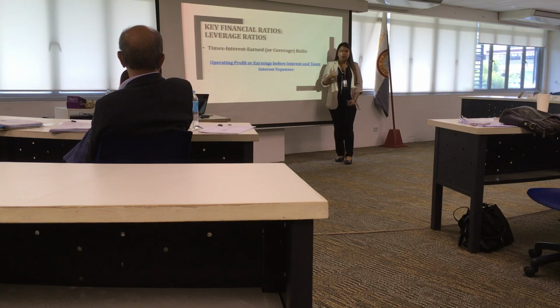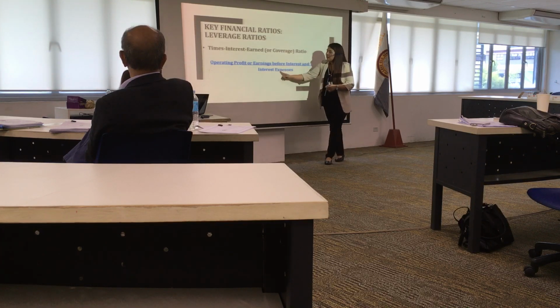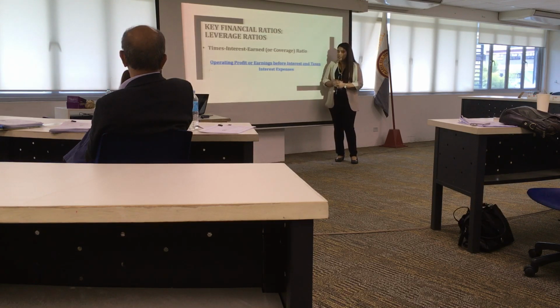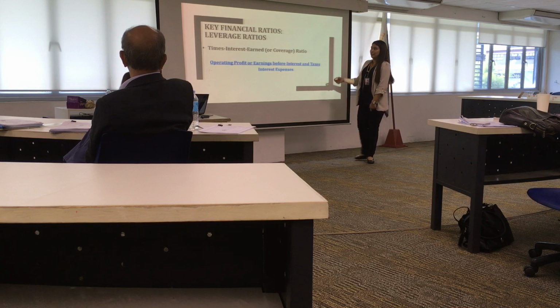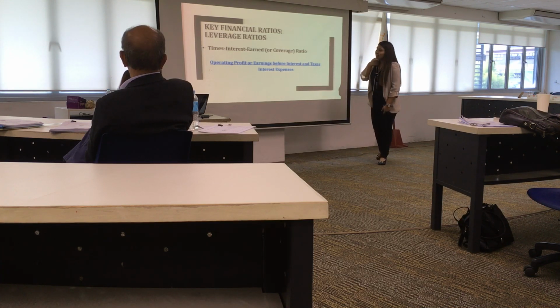If you issue stocks, it will also have a corresponding cost for the company. The name is dividend expense. So since we are after the debt for leverage ratio, we have to see the capability or ability of the business to pay for its cost of financing. So the proper ratio for that one would be the coverage ratio. All right, next.